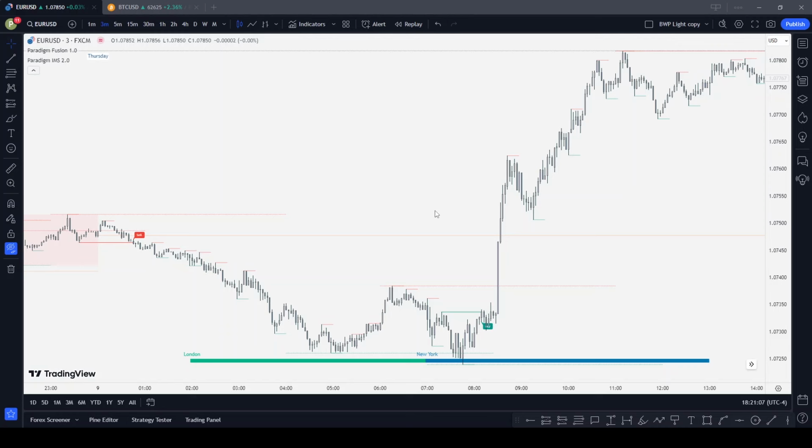I wanted to see which of the higher time frame PD arrays I can use to frame a bias. And from my backtest, I realized that the new week opening gap has the most accuracy. Okay, and that is why the bias is framed on the new week opening.